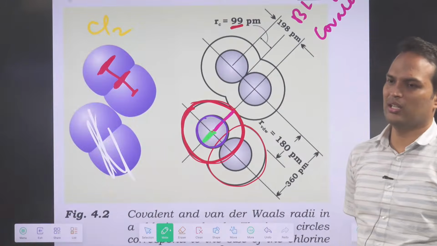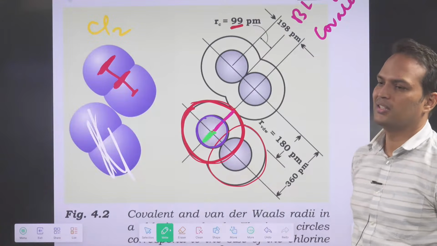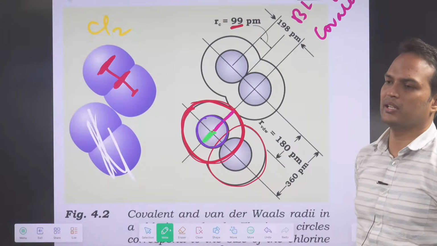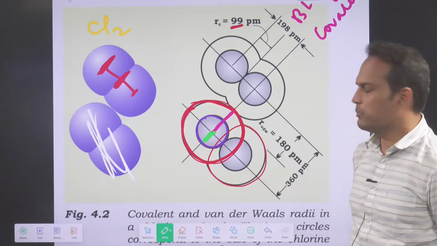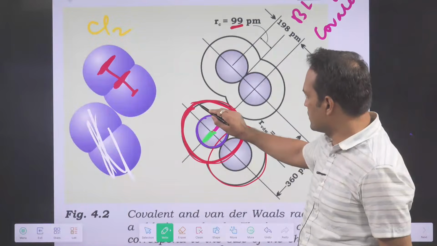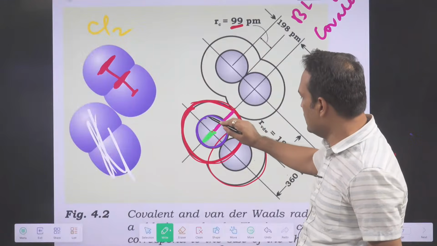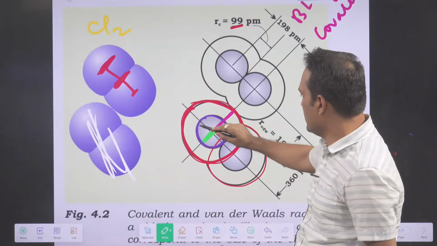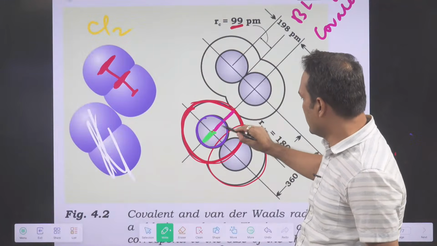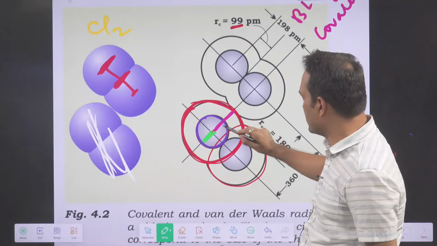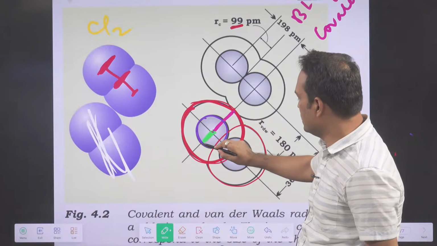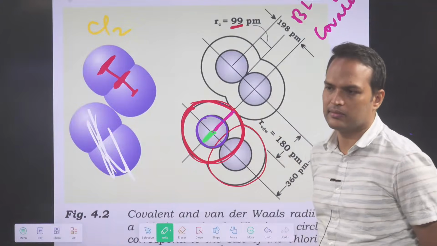Core. Don't say nucleus. This is core: nucleus plus inner shells. That means they have divided the atom into two parts. This is the valence shell till here, nucleus and the inner core. From center till valence shell, van der Waal radius. From center till the core, covalent radius.